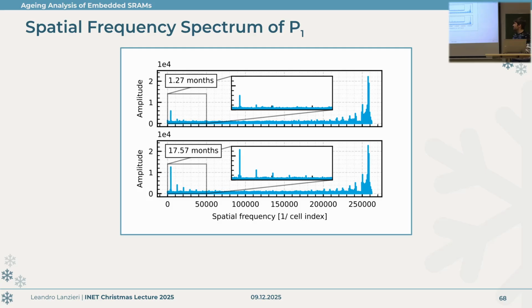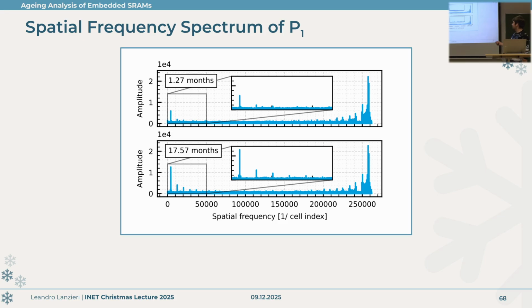And then finally, another feature that we extracted from this was calculating a one-dimensional Fourier transform with the position of the bits in the memory. And it was something interesting. Here at the top, we can see the spectrum of a younger device, 1.2 months, versus a device that's almost 18 months running.